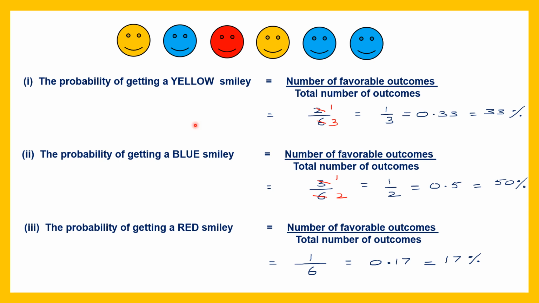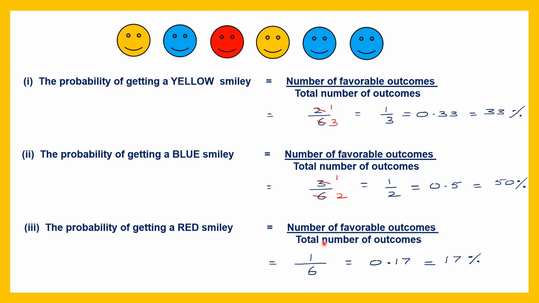So if there is a box of 6 smileys of different colors, what is my probability of getting a yellow smiley? 33% chances. It is little unlikely to get one. What are my chances of getting a blue smiley? It is likely. It is 50%, 50% chances that I will get a blue smiley. And what are my chances of getting a red smiley? It is highly unlikely because it is closer to 0. 17 is closer to 0.